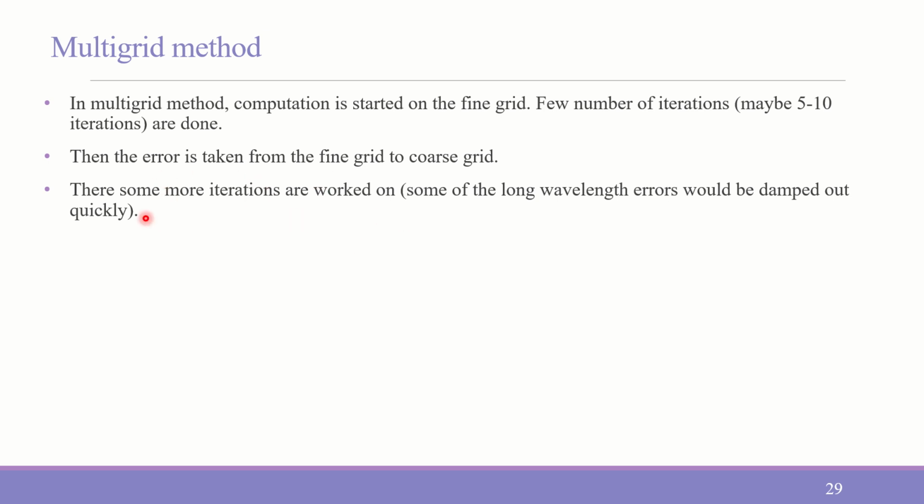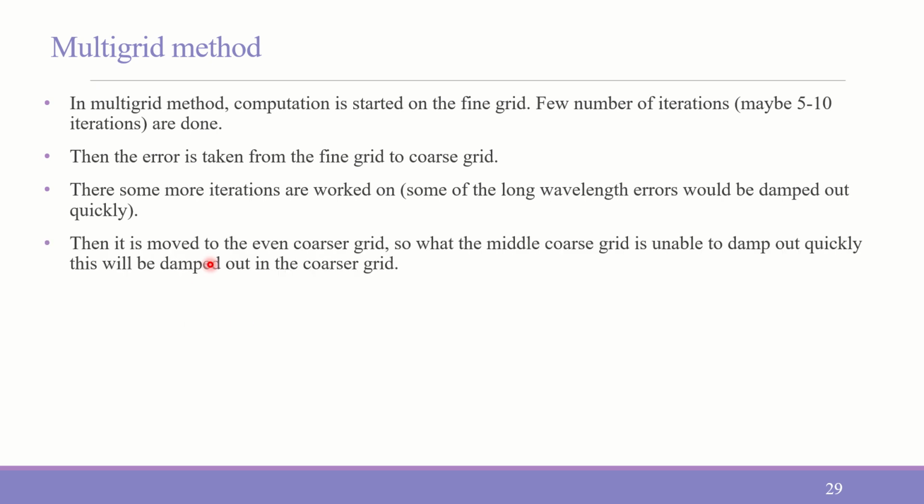Some of the longer wavelength error which was not damped in the fine grid will be damped here. Still we will be left with some errors, so again we will take this error to the next, even coarser grid, so that the error which was not damped here will be damped there.